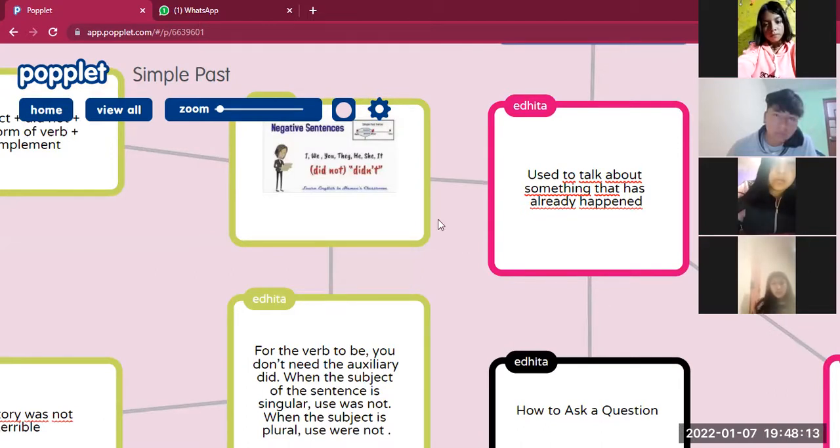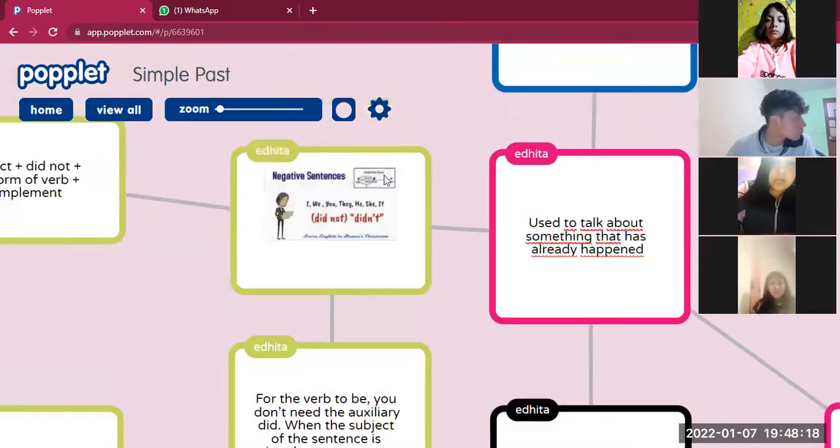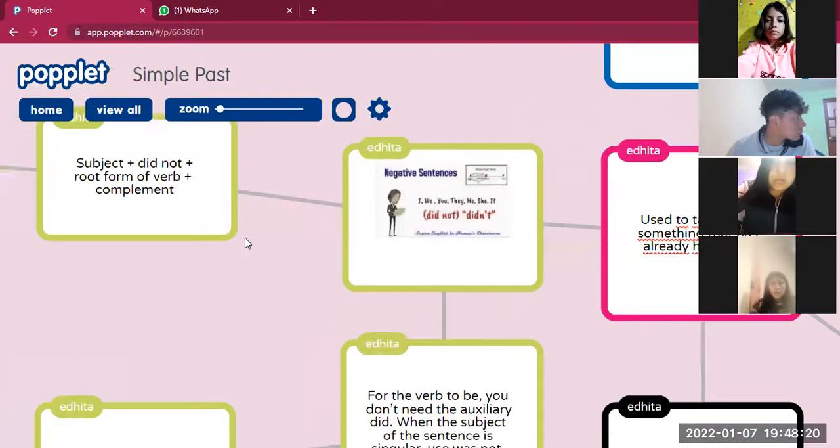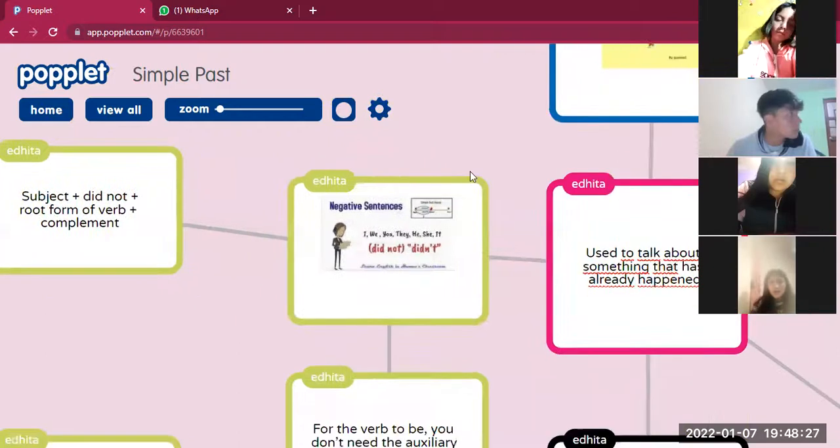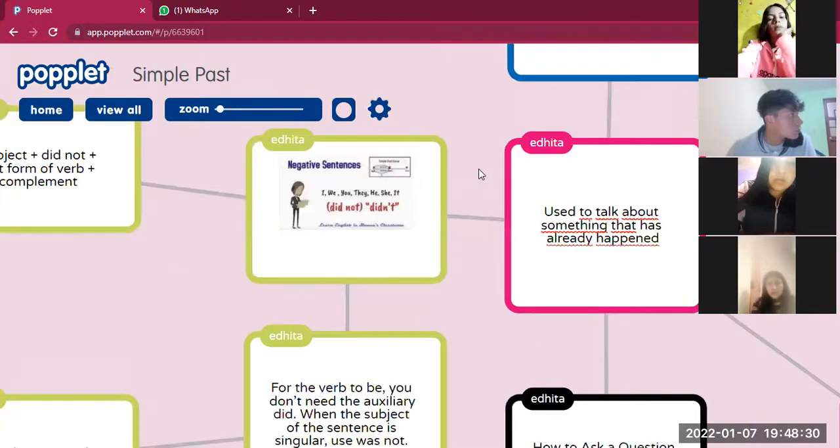Alicia, could you share with us an example of negative sentences? You have to use did not. Remember to refer that you are saying a negative sentence, no more. And remember that the verb, we don't have to use in the past.